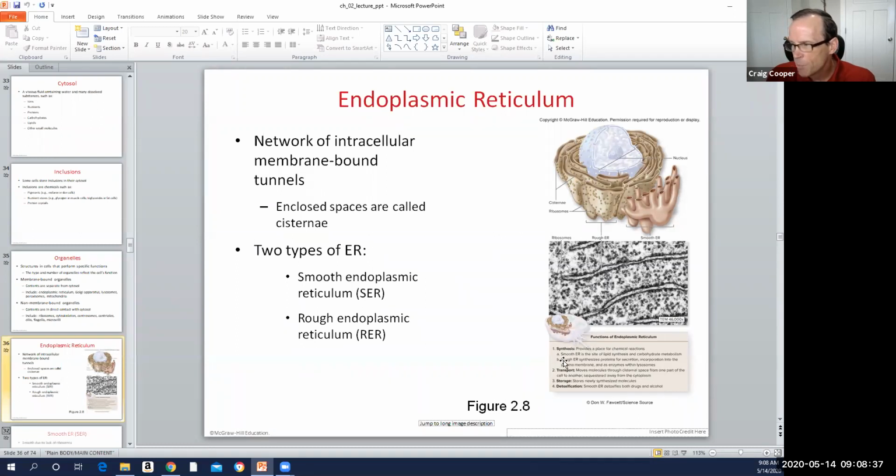The rough endoplasmic reticulum makes proteins. The smooth endoplasmic reticulum is in charge of making fats, putting them together, and breaking up carbohydrates. So it helps with carbohydrate metabolism as well as fat synthesis. Smooth has a distinct role that's different from rough.